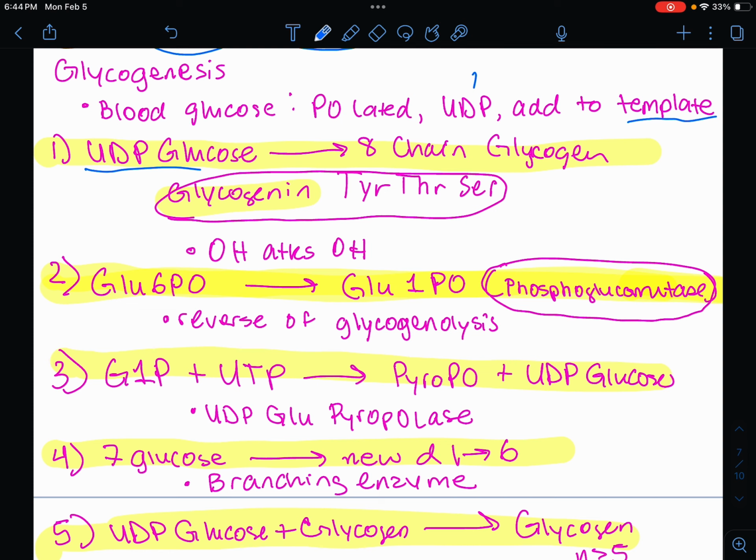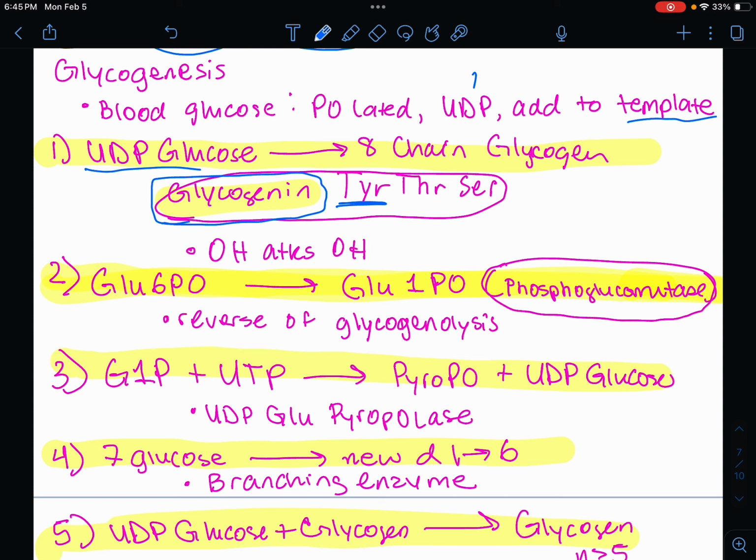We have some UDP glucose, and we're going to be using this glycogenin template. This glycogenin template will use its tyrosine. We have a tyrosine amino acid on it, and this is going to allow the attack of a UDP glucose.